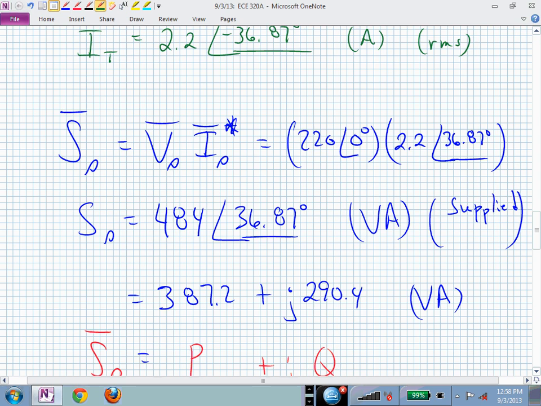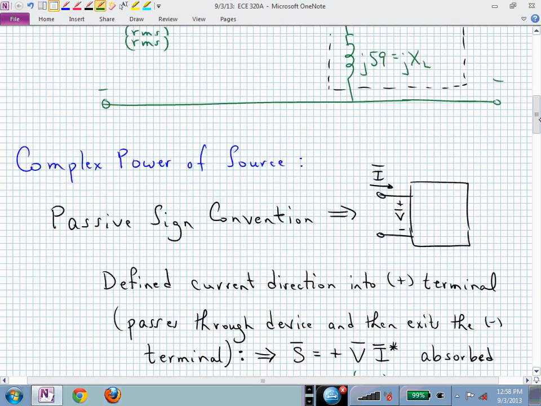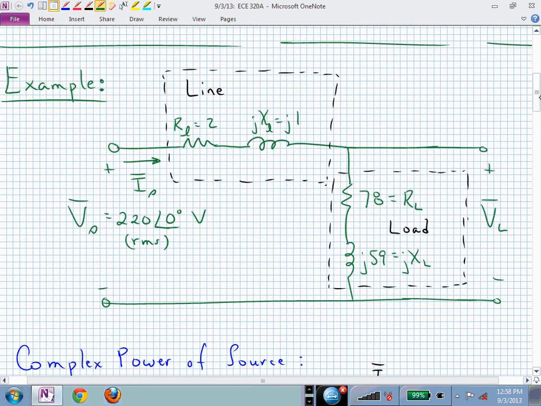So this angle should probably be generically different than the load's angle unless, what? It depends on what's happening in the line.